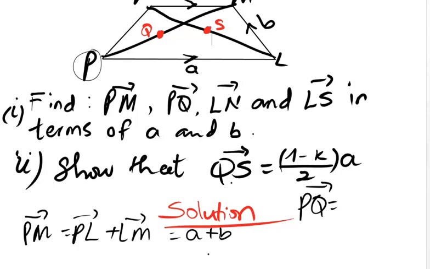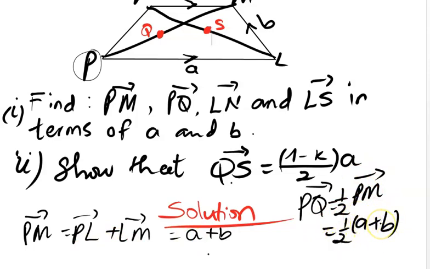It means PQ has gone halfway from P to M. So PQ is half of PM, and PM is A plus B. So it's half of (A plus B).